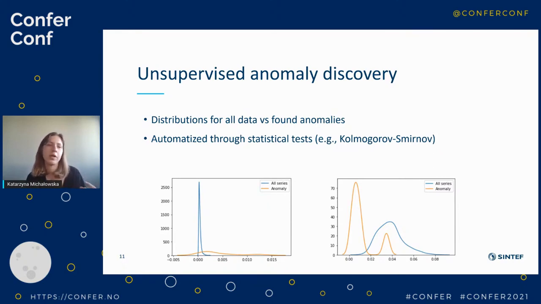So to do that, we compared the distributions. We took our data and we divided them into samples. The first one was the normal behavior and some anomalies that were hiding in it, but we haven't found them yet, and our already found anomalies.